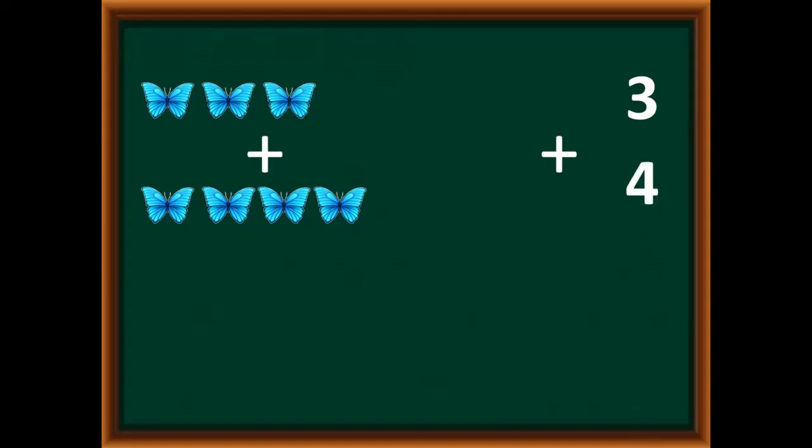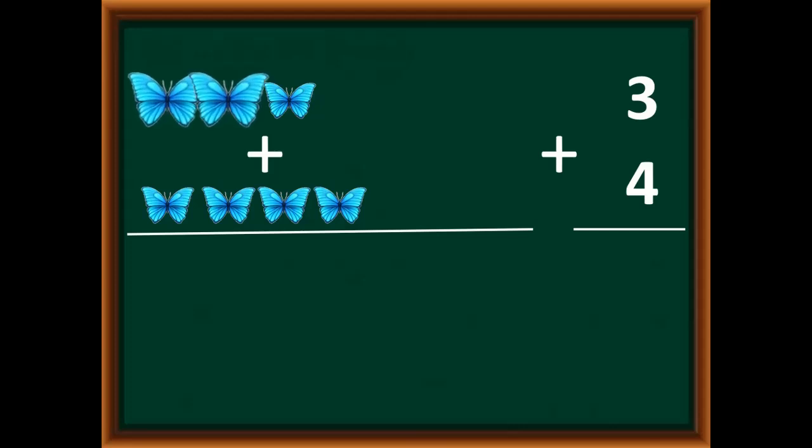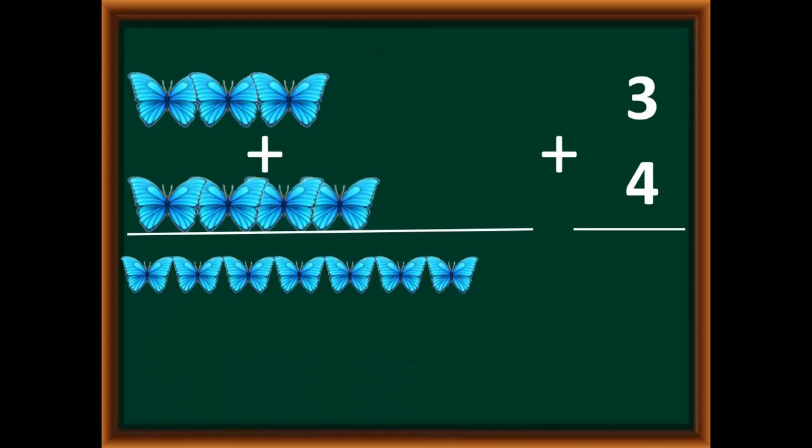Now we have to find the total number of butterflies. Let's start counting the butterflies. 1, 2, 3, 4, 5, 6 and 7. So 7 is the sum.